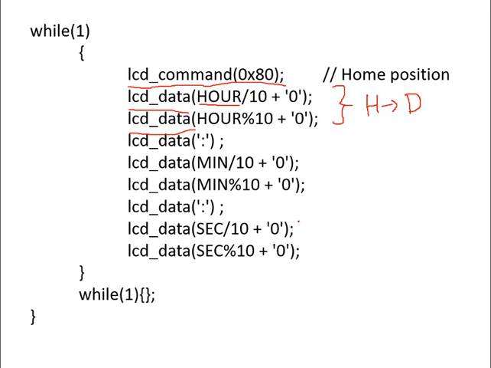For example, day of the week will be 0, 1, 2, 3, 4, 5, 6, like that. 0 will be Sunday, 1 will be Monday. So if you want to display Sunday, then you have to check whether that register is 0. Then you have to send the string Monday or string Sunday to the LCD.